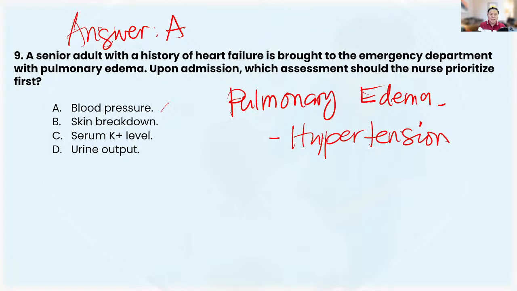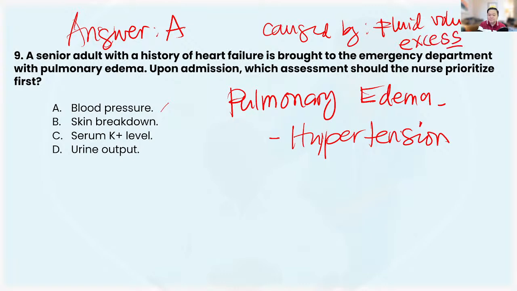Again, when there is pulmonary edema, this is caused by what? Fluid volume excess. Okay? Right. When there is fluid volume excess, I'm talking about the bloodstream. This can cause a high blood pressure reading.